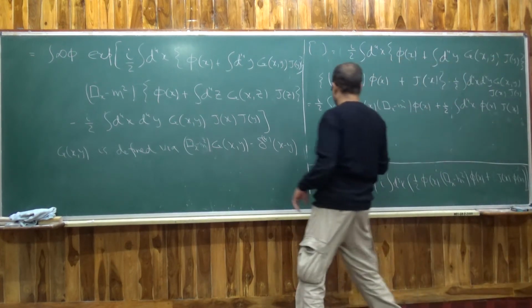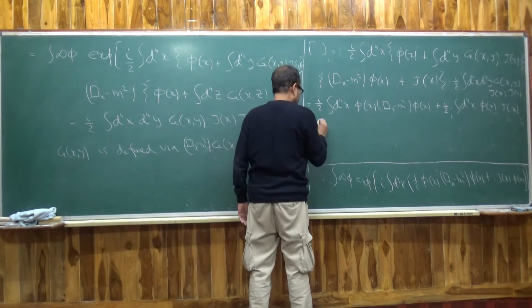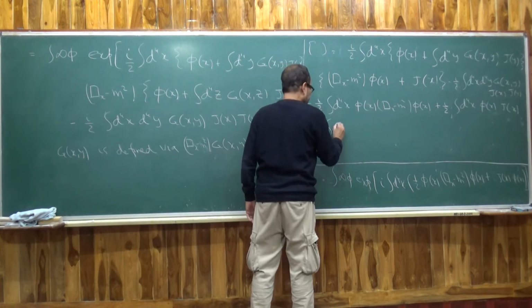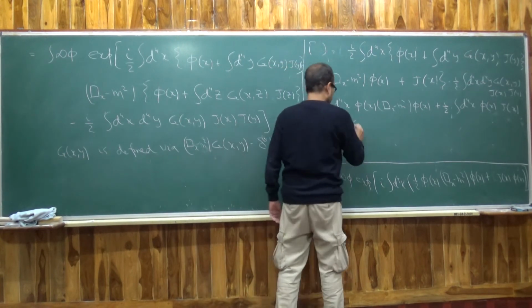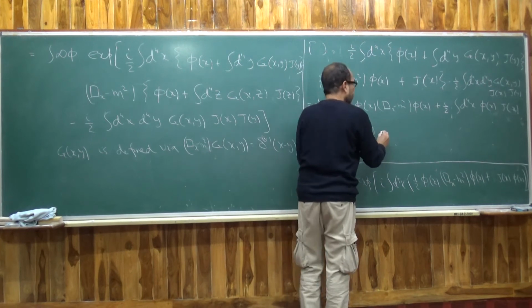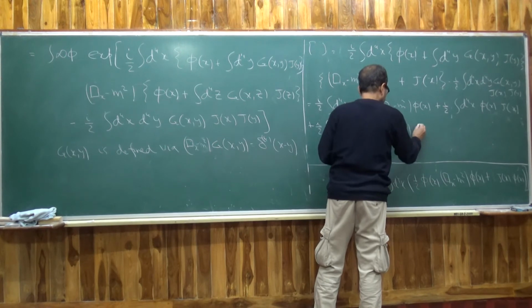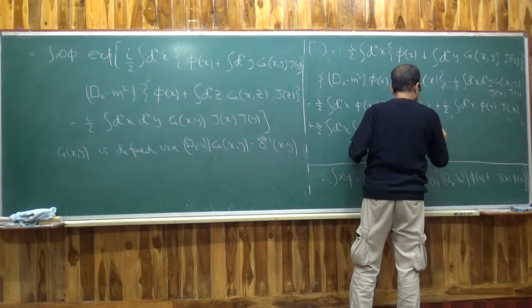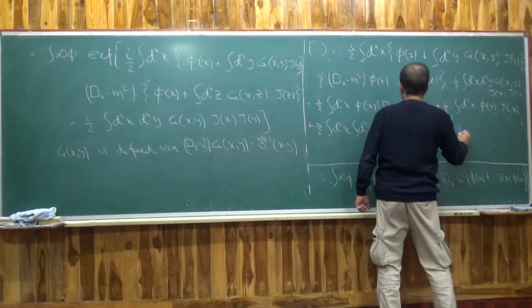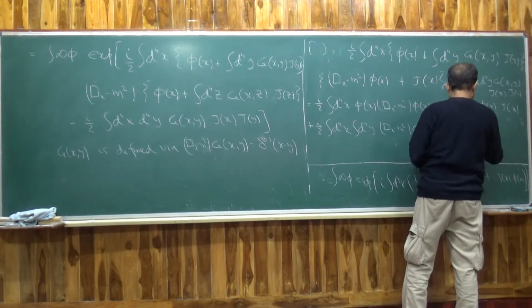So the second term, then the third term I can write as I over 2 integral d4x integral d4y box x minus m square g of xy g of y and then phi of x.